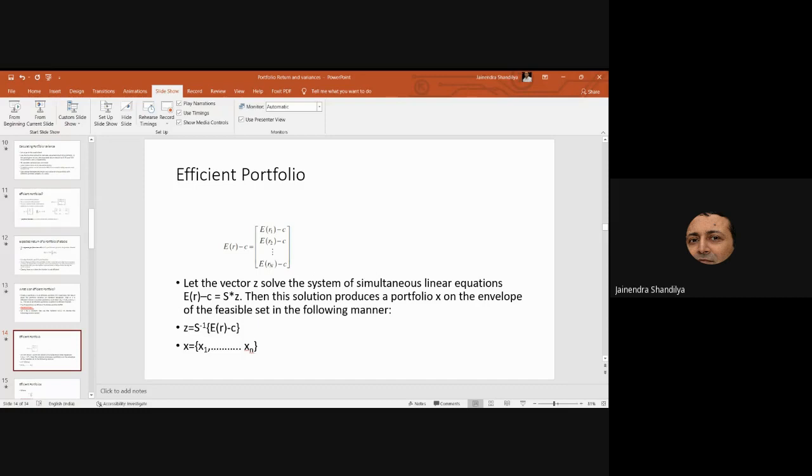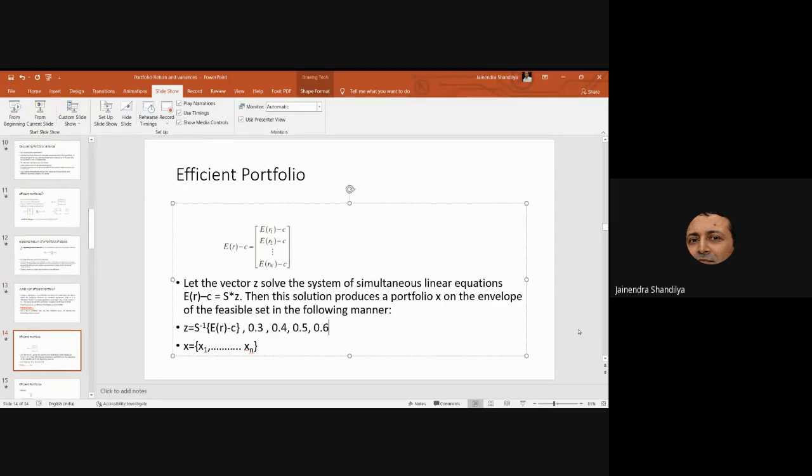So for example, let me mention here. Let's say you get Z like 0.3, 0.4, 0.5 and 0.6, by doing this calculation, Z equals S inverse into ER minus C. Then your x1 will be 0.3 upon the sum of 0.6, 0.5, 0.4, 0.3, which is 1.8.